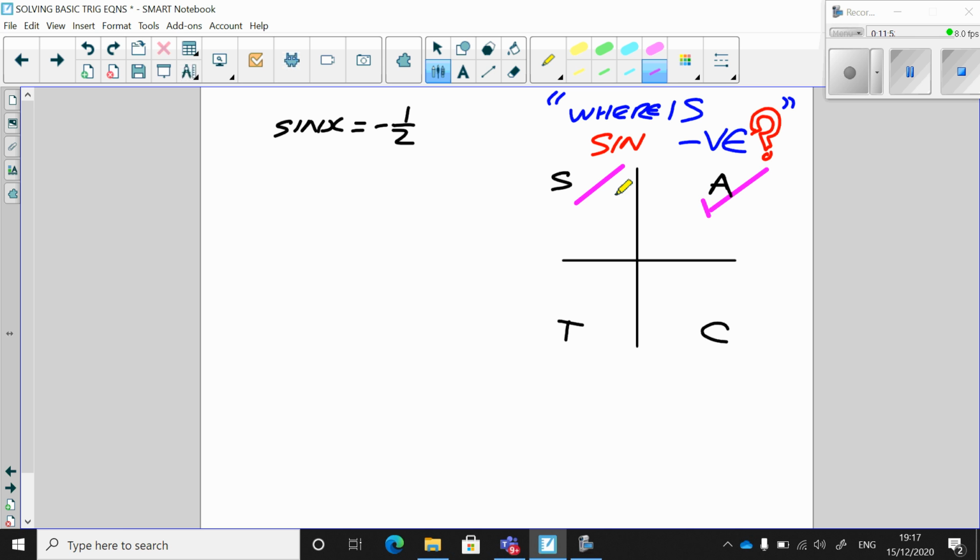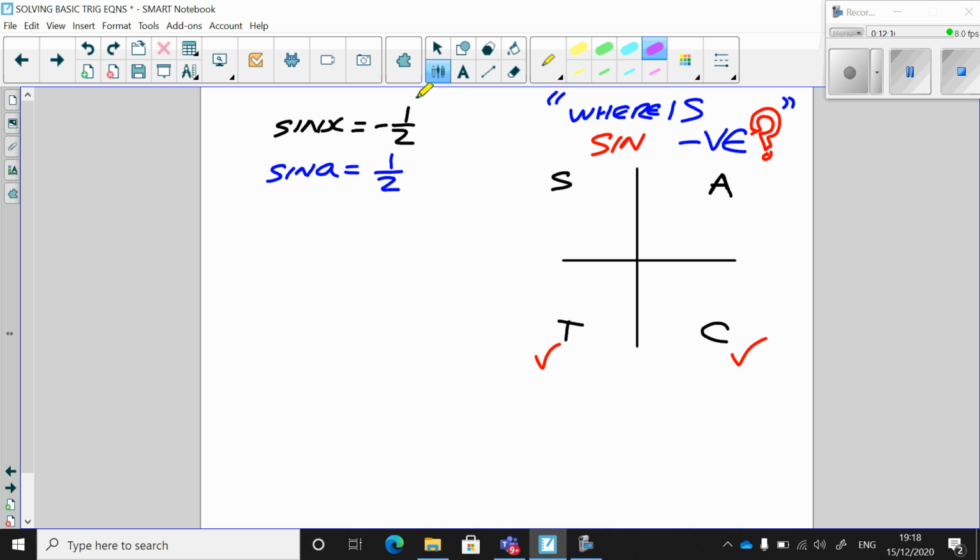But we are not interested in where it's positive. We are interested in where it's negative. So it must be the other two quadrants. There and there. There you go. Right. So what I've done there, I don't know if you've noticed a subtle difference here. See that negative a half?